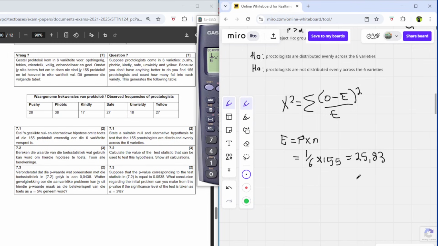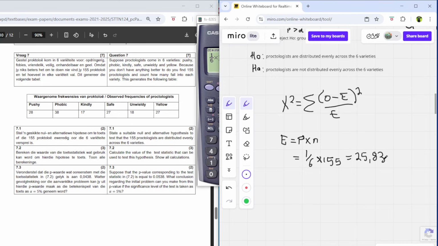25.83. You write this as it is, even though proctologists might be people or living organisms. When it comes to the expected frequency, we don't change this.